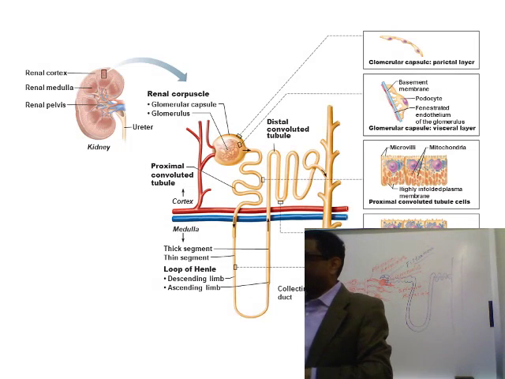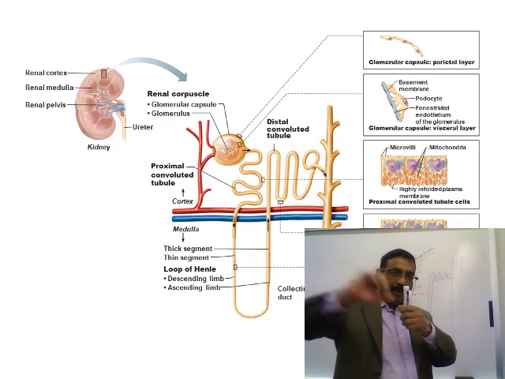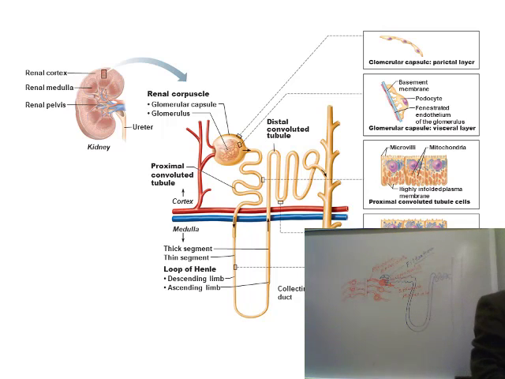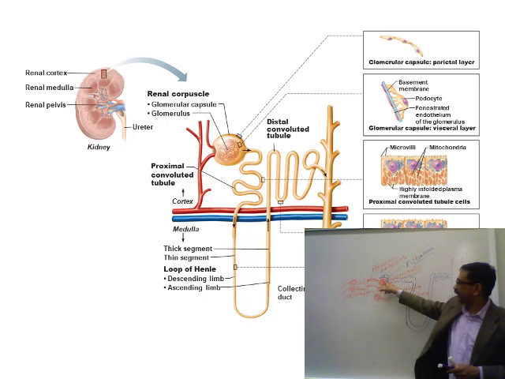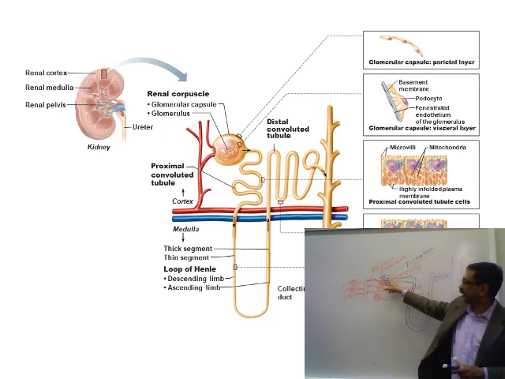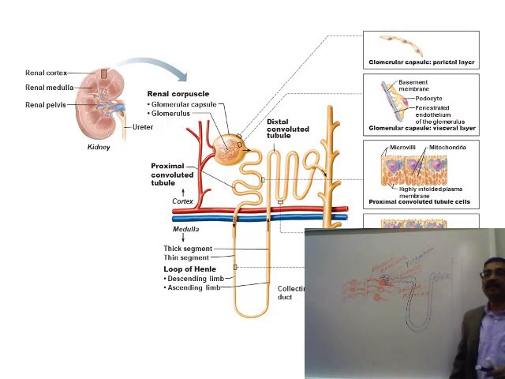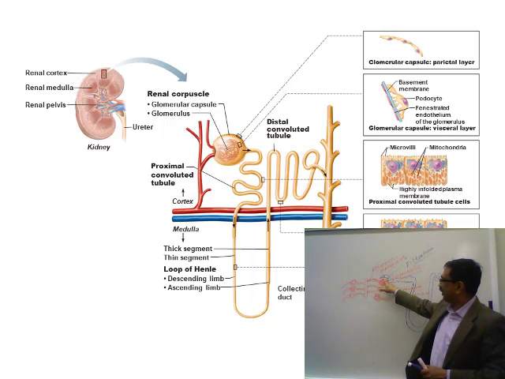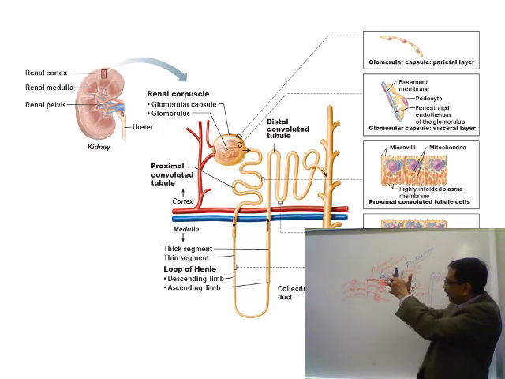So this is the place where the filtration takes place. The blood flows inside the glomerulus for a long time, and toxic chemicals, other electrolytes and water get out and enter into the first part of the nephron by filtration. That means in this capillary you have many pores or holes. That's why filtration can occur.